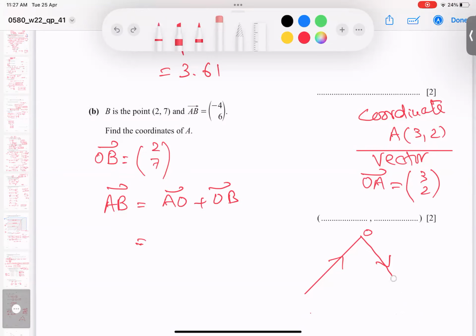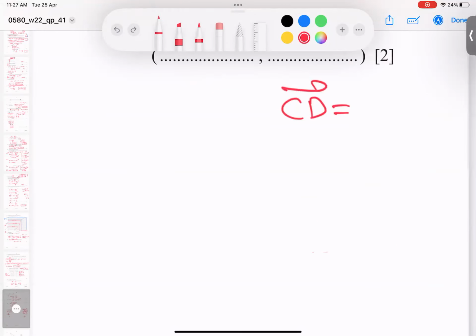I'll give you another choice. Maybe you find that way easier and even time saving. What is that way? For example, look, I'm giving help here first. CD vector, if I want to write it with the help of origin O, the method is: the letter where the vector ends, D. Write OD minus OC.